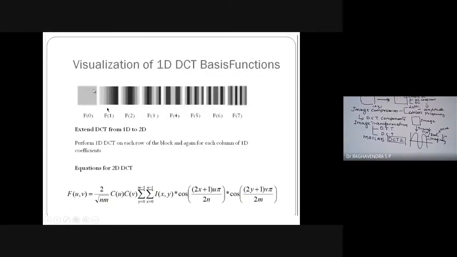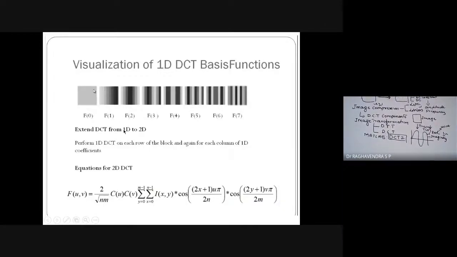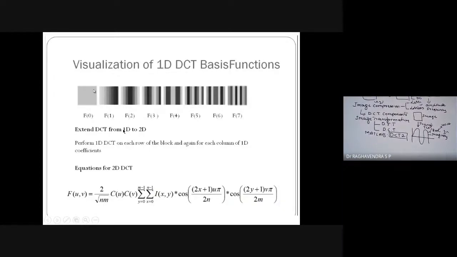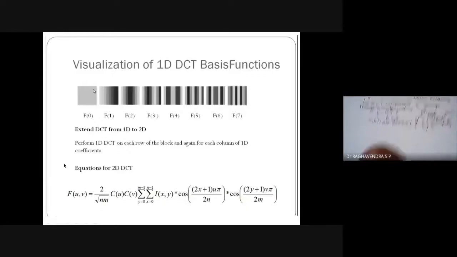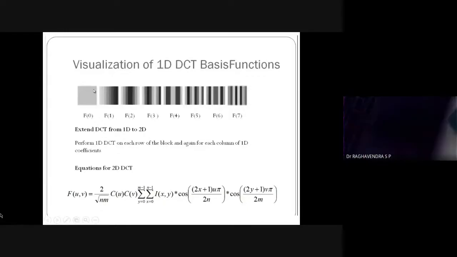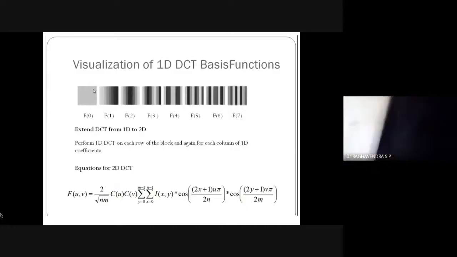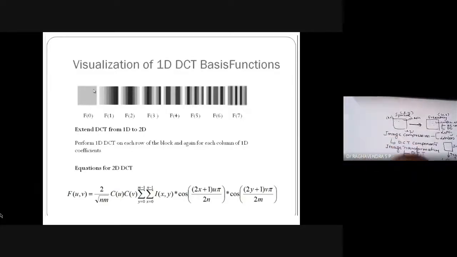No, because it is one-dimensional. If you have the horizontal bars as well as vertical bars together, this will become 2D. So it becomes 2D.